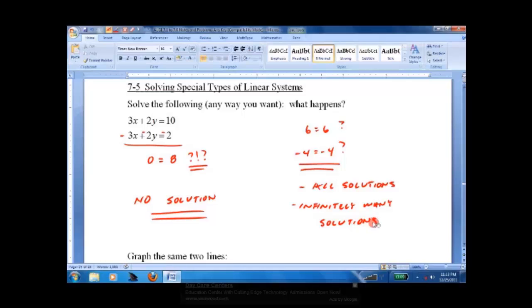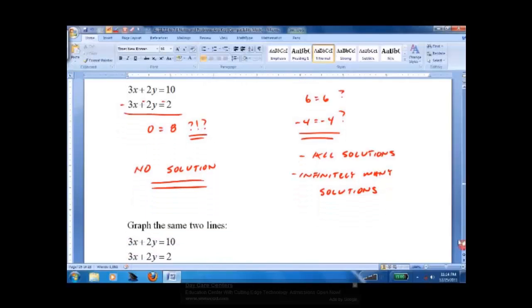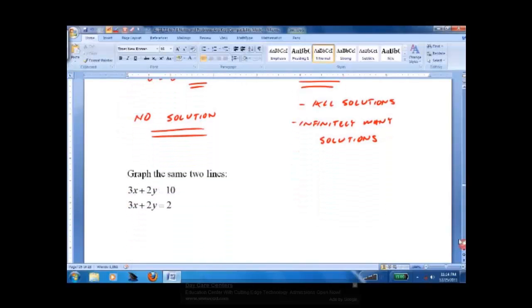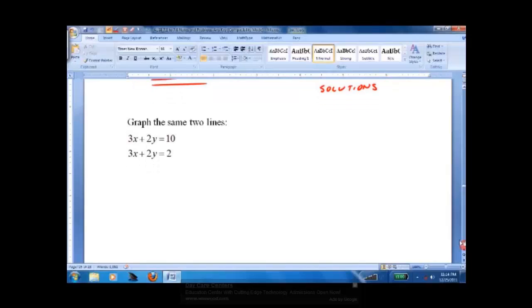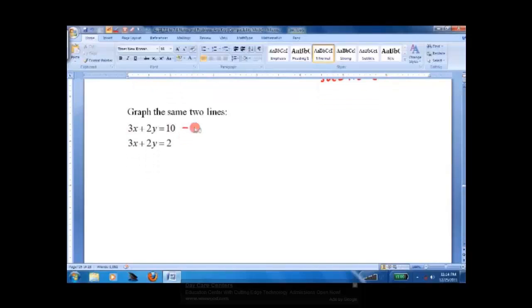Now, the first way we solved things was graphically. The reason we did things graphically first is to help you see what these equations mean when you get no solutions or infinitely many solutions. So here's the same problem, and let's graph it. In order to do that, we've got to make some changes. So 2y equals negative 3x plus 10 divided by 2.